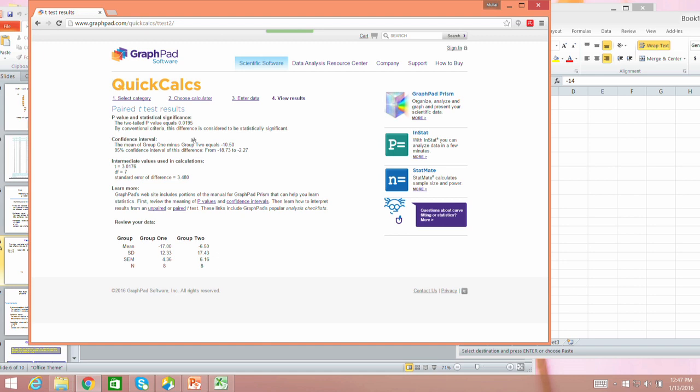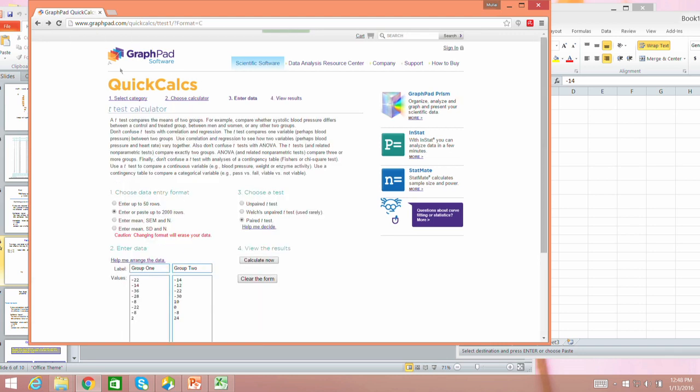So, it says the difference is considered to be statistically significant, the p value comes out to be 0.0195. This is a 2-tailed p value. So, for a 1-tail, because in this problem we want to say drug A is more effective in lowering the heartbeat, 0.0195 divided by 2 is 0.009 and so on. So, when I use a paired sample t-test, I am able to see the difference.